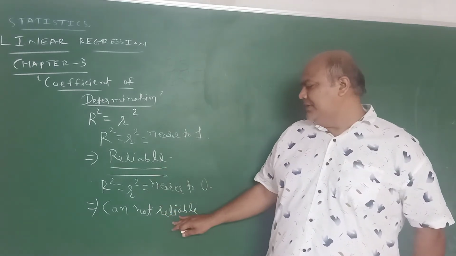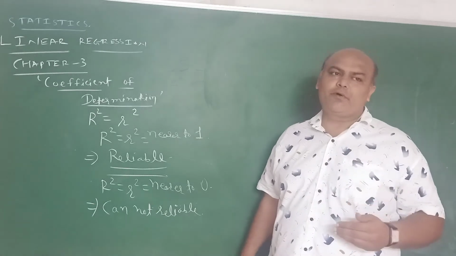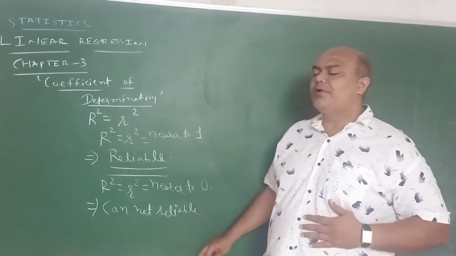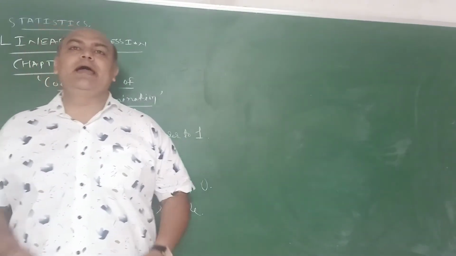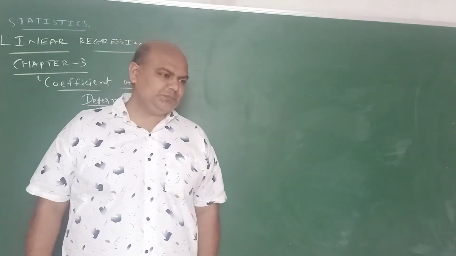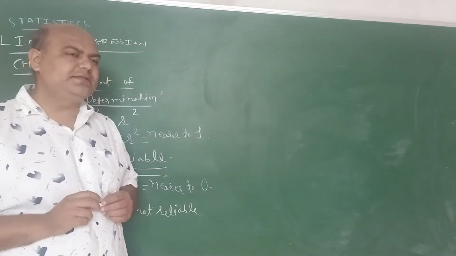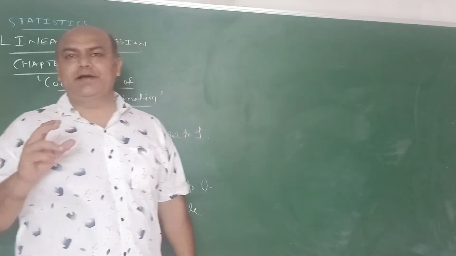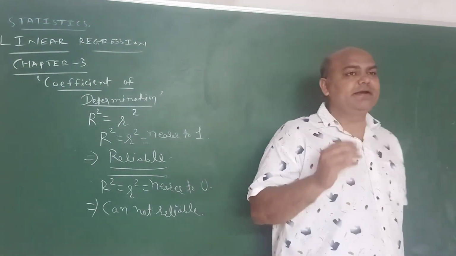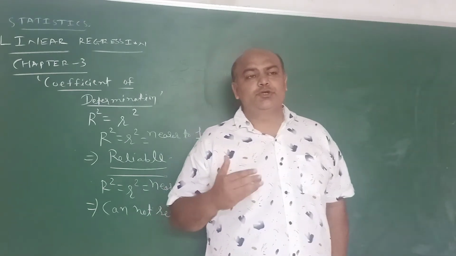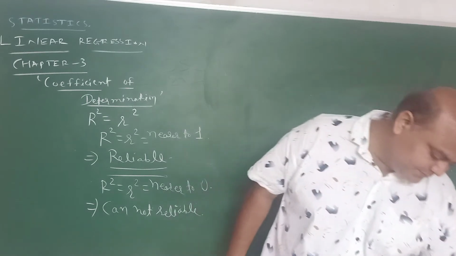And if it comes nearer to 0, meaning between 0 to 0.49, then we have to write at last in the conclusion that it is not a reliable estimation. So, coefficient of determination, my dear friends, is the reliability check of regression analysis, whether the regression analysis is reliable or not. So today we take one sum of coefficient of determination.